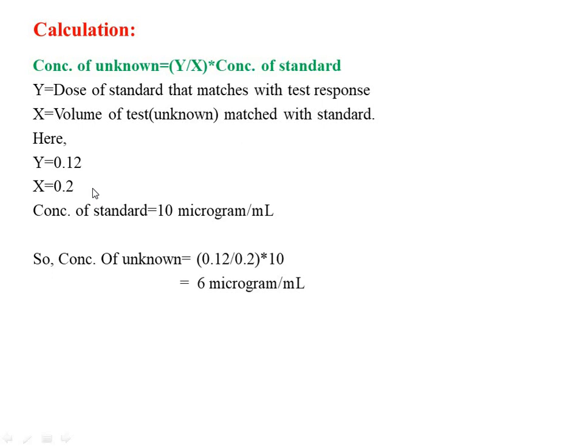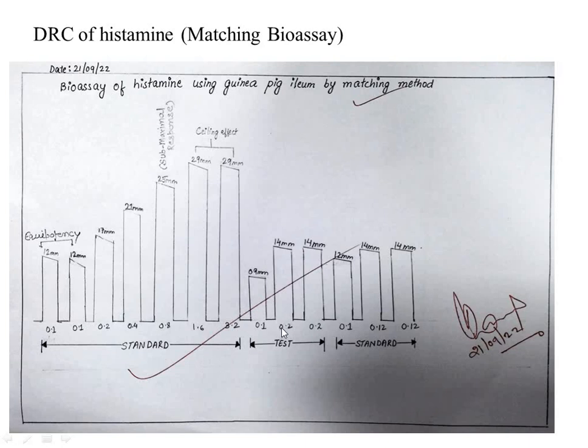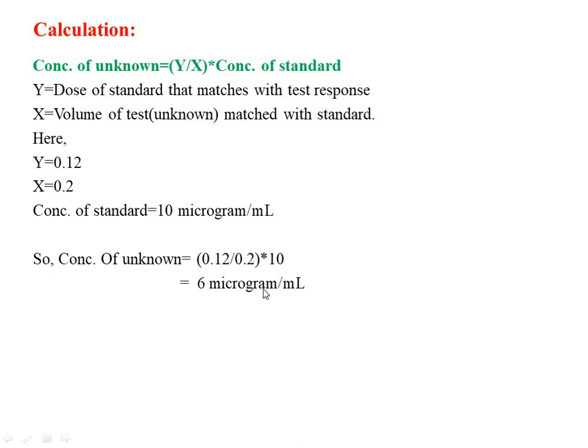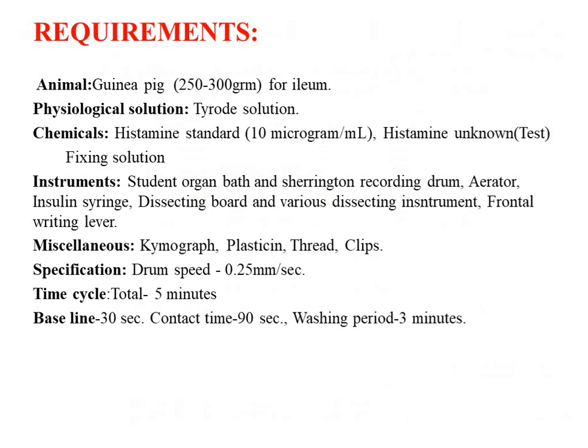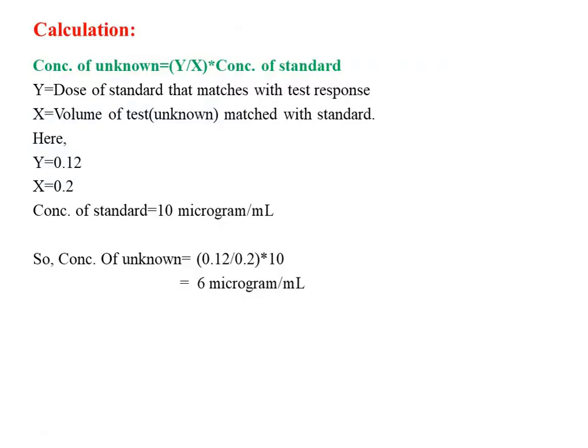So 0.12 is y, and the volume of test matched with the standard is 0.2. We will put this value, and the concentration of standard, as we discussed in the first slide, the standard solution strength is 10 microgram per ml. So we will put all the values in the formula.